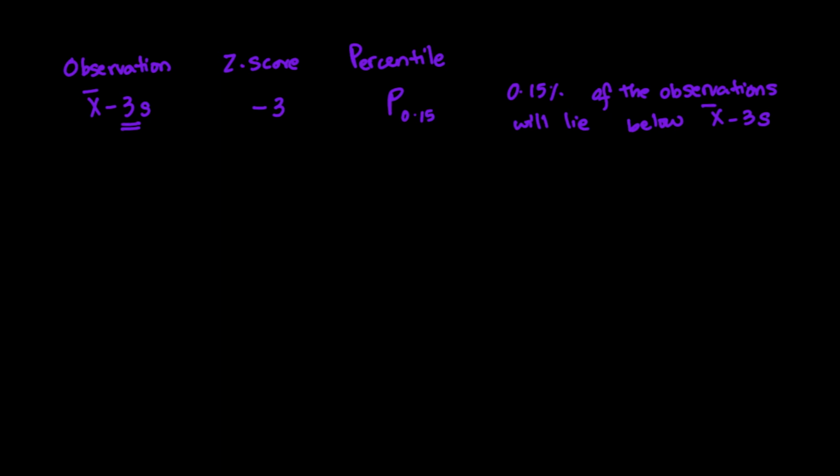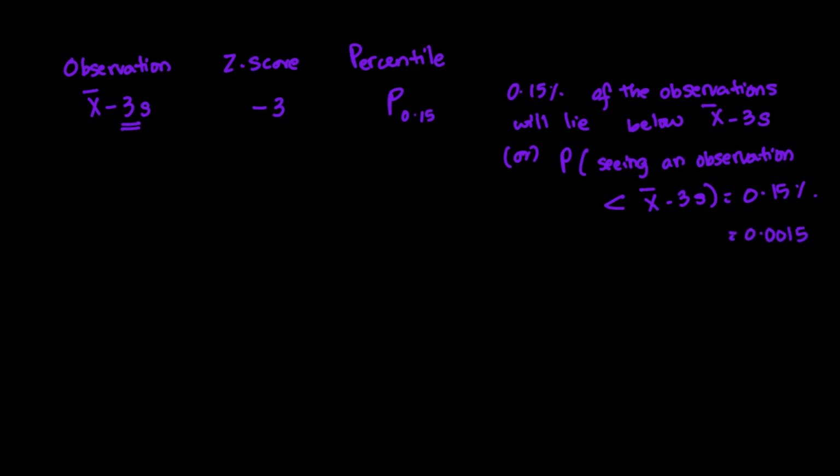In a more formal way of saying things, the probability of seeing an observation below x bar minus 3s is 0.15%. Or, very formally, the probability of seeing an observation less than x bar minus 3s is equal to 0.15%, which is also 0.0015.